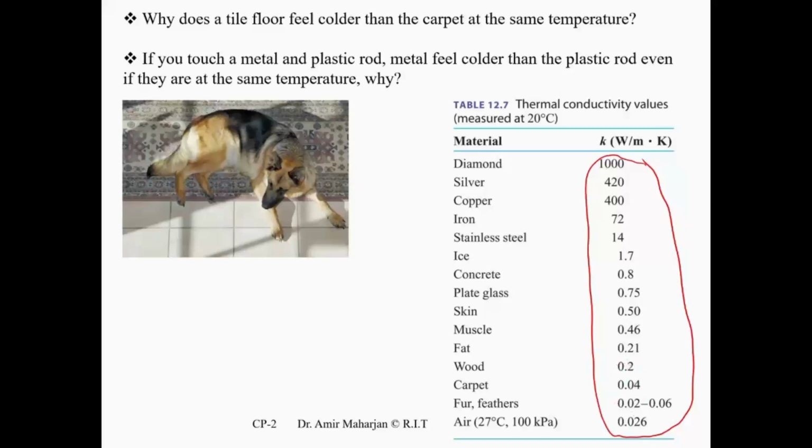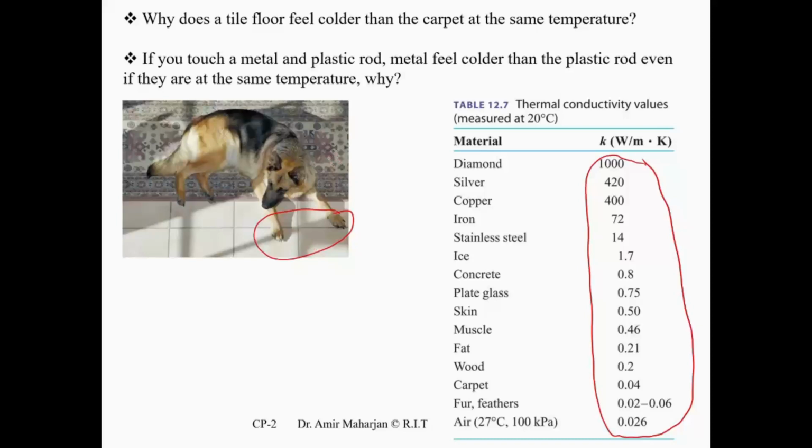Let me ask you a question. Why does a tile floor feel colder than the carpet at the same temperature? In this example, this dog is perhaps trying to cool down his feet by putting them on the tile floor. The reason is that the tile floor has a good thermal conductivity compared to the carpet.